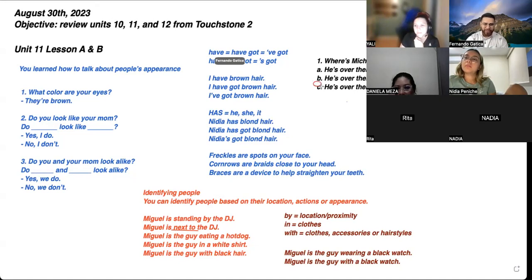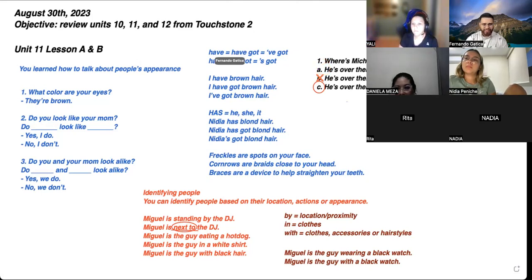No, it's letter C, sorry. And the reason why it's not letter B is because the expression next to siempre va con to. Y ahí no hay to. Careful with that. And letter A is not correct, because standing.